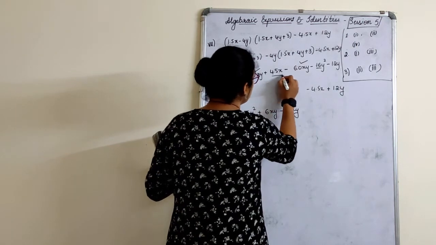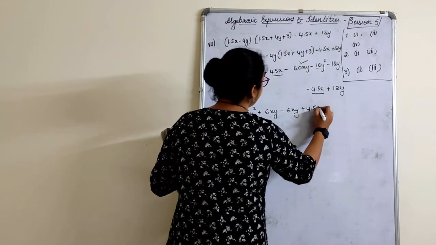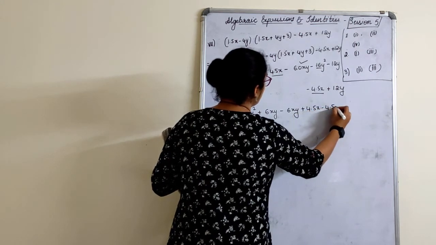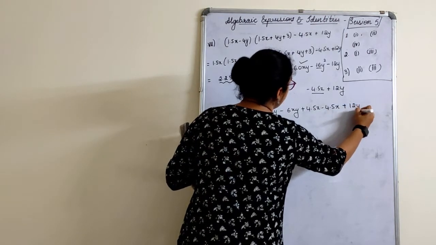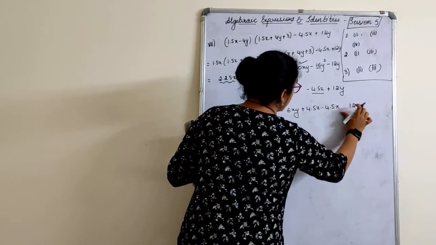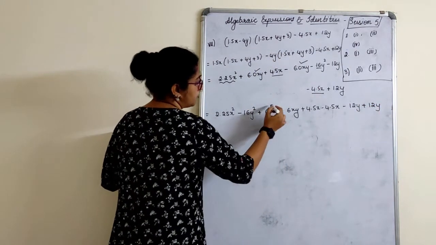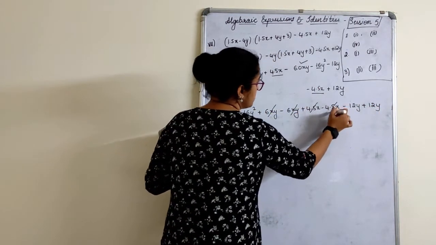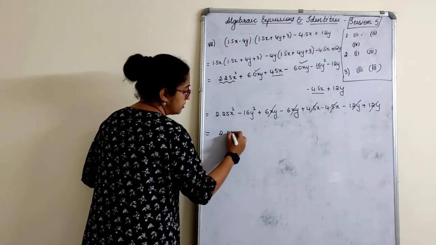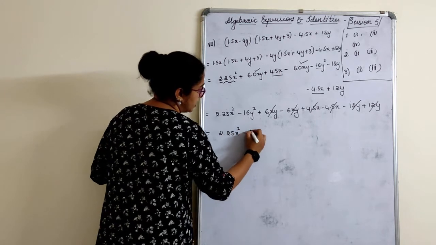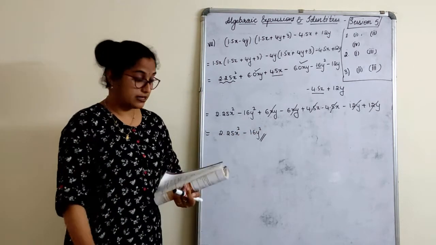Then we have 4.5x minus 4.5x. Then we have 12y minus 12y and plus 12y. So plus minus plus minus plus minus. Answer is 2.25 x square minus 16 y square is the answer.